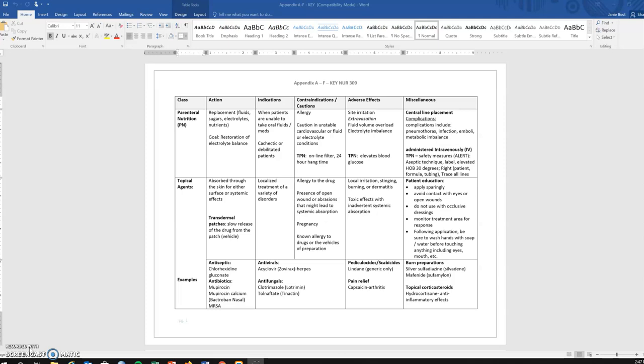In Appendix B, you will find information on topical agents. Topical agents may be given by other routes, but as topicals, they are for surface use only. With application, you must be careful not to expose the drug to the mucous membranes or to open wounds, to avoid absorption issues.